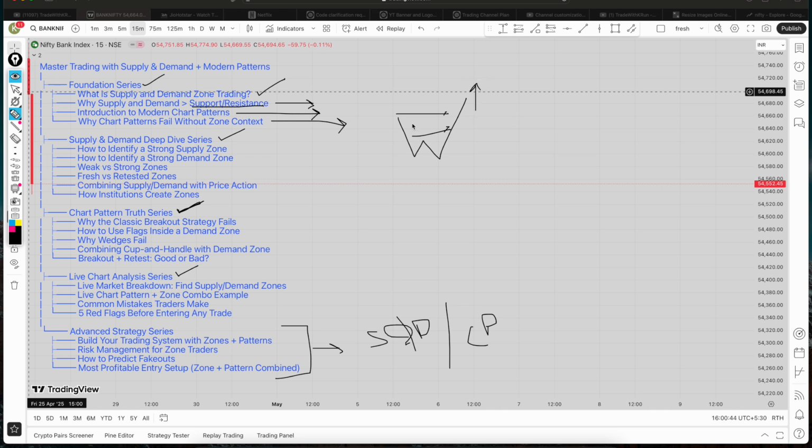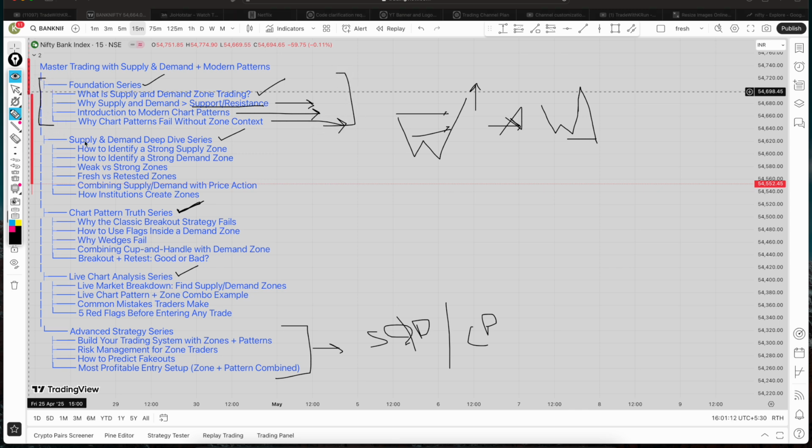But generally, what happens is as soon as you enter your trade, it will start going up and suddenly it will come down, and then it will hit your stop loss somewhere here. So to avoid this, we'll learn why chart patterns fail without using supply and demand zone strategies, and all those things. We'll be covering all the basic topics in our part 1, that is the foundation series.